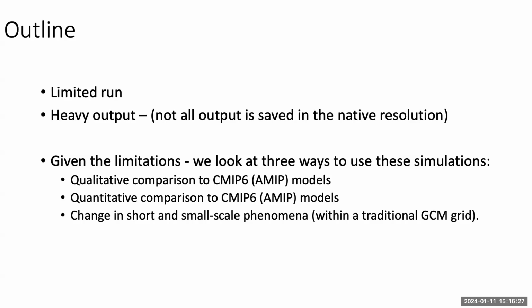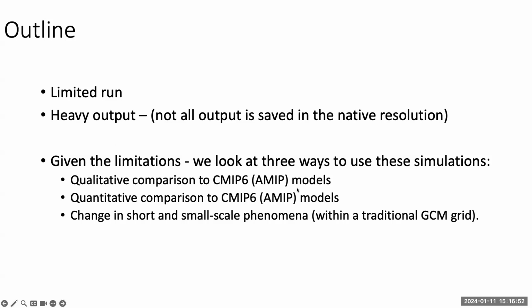Yeah. So after the fact, you probably realize that you need some of the variables in the native resolution that you don't have. So this is just a caveat of these models. And given those limitations, I'm going to focus on 3 ways that we evaluate or analyze the data.